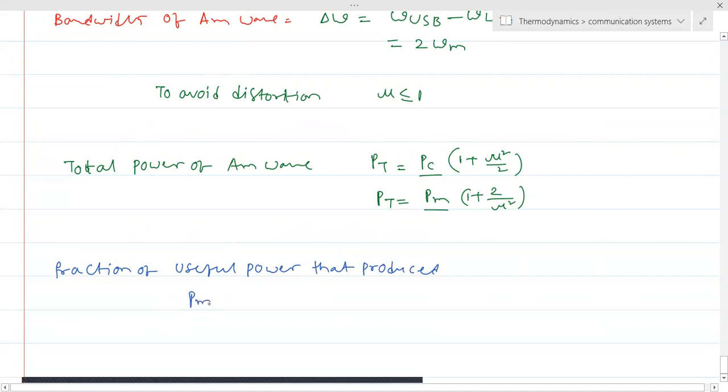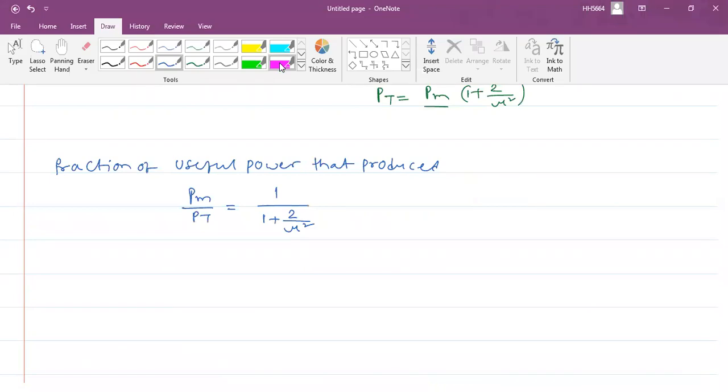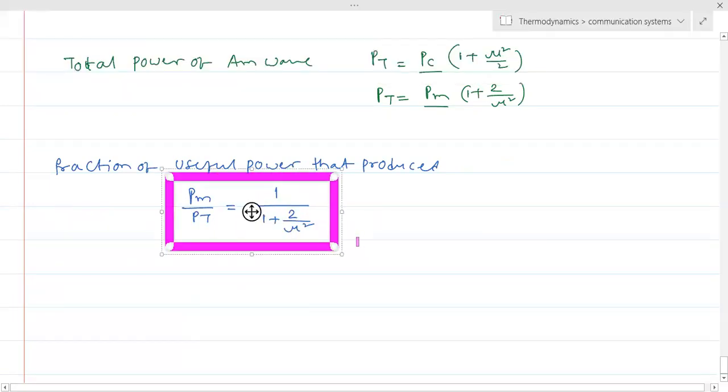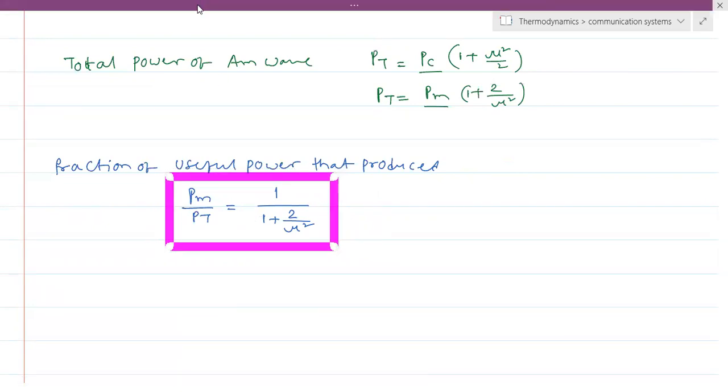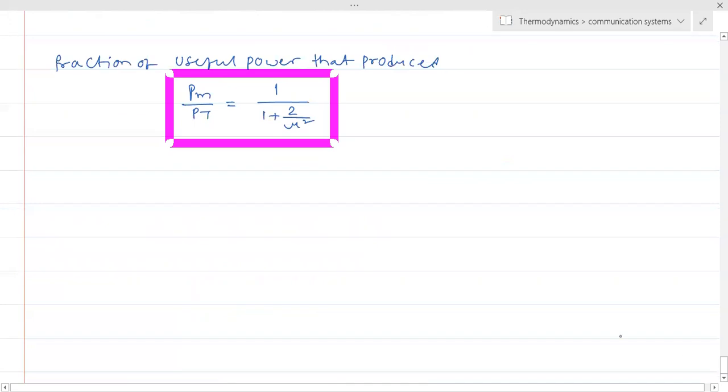Therefore P_M by P_T, message signal power by transmitted total power, equal to 1 by (1 plus 2 by mu square). Because in the output the message is important. Actually our total aim is to convey the message only. So that's why we are writing P_M by P_T. So useful output is nothing but P_M by P_T.